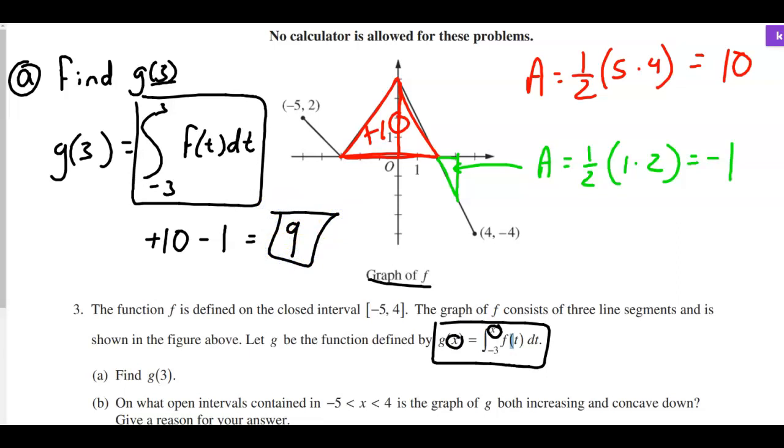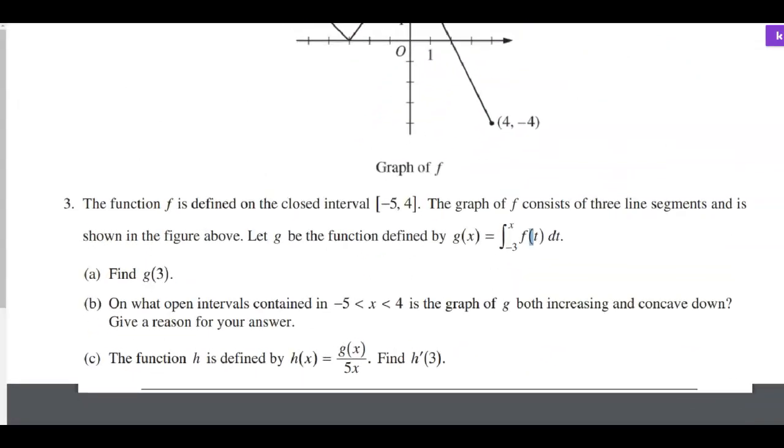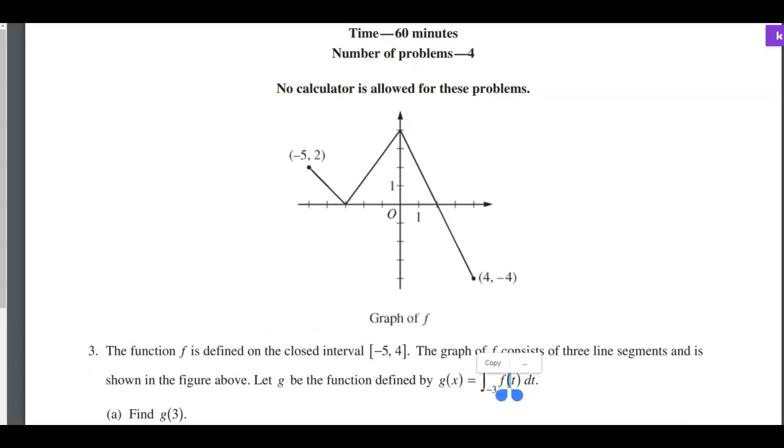All right, let's go ahead and move on to our next question, part B. B says, on what open intervals from -5 to 4 is the graph both increasing and concave down? So this is a review of last chapter.